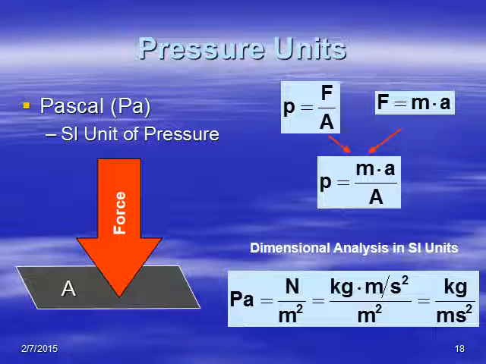So if we put in our SI units for mass, for acceleration, and for area, mass is kilograms, acceleration is meters per second squared, and area is meters squared. So after canceling out the duplicate units, a Pascal ends up being a kilogram per meter per second squared.